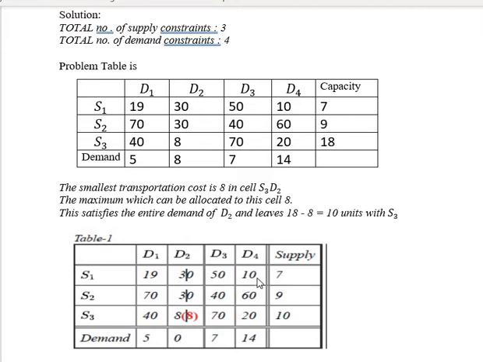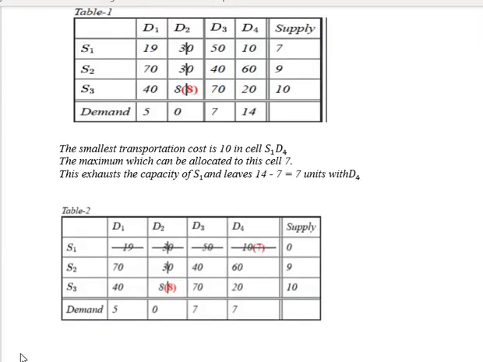Least cost is 10, that is in the cell S1D4. That is, from table 1, the smallest transportation cost is 10, which is in the cell S1D4, as we mentioned above. The maximum value which can be allocated to the cell is 7.